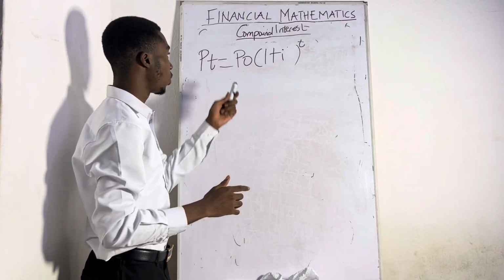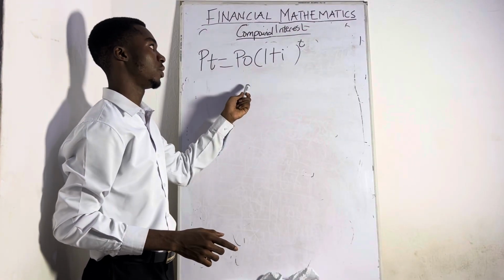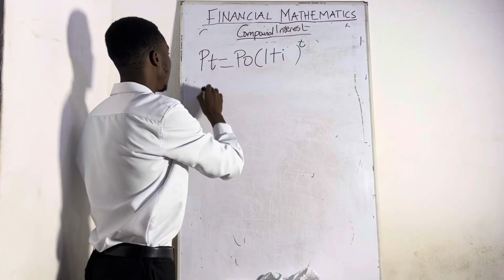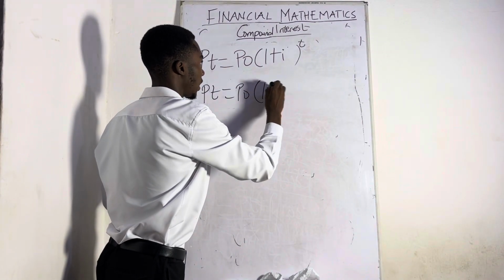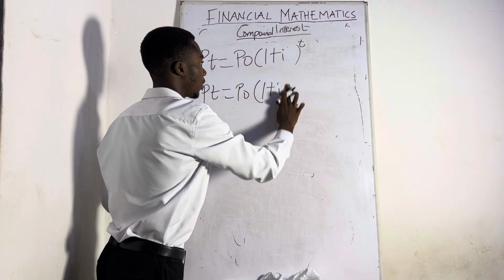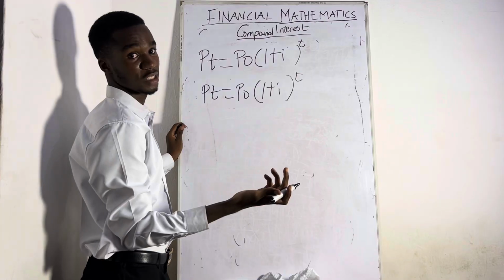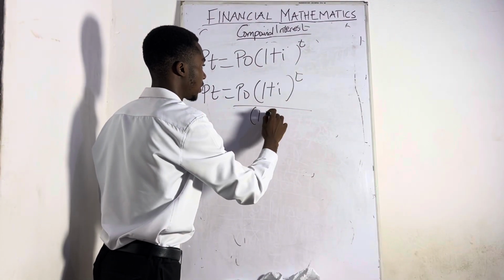You get it? So also, if this is my future value, my Pt is my future value, my P0 is my present value. Now to find the present value, what do I do? I just divide both sides by 1 plus I exponent t, because I want to find my P0, which is the present value.